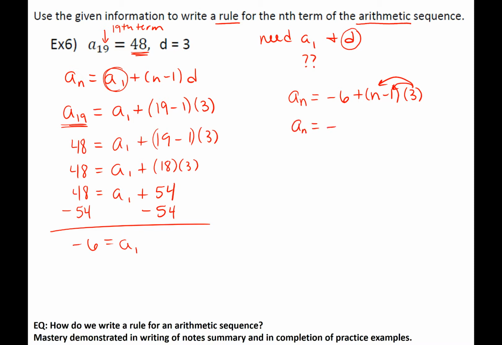A sub n equals negative 6 plus 3n minus 3. Whoopsie, sorry, positive 3n. And combine those like terms, so I have minus 9. So there's your answer.